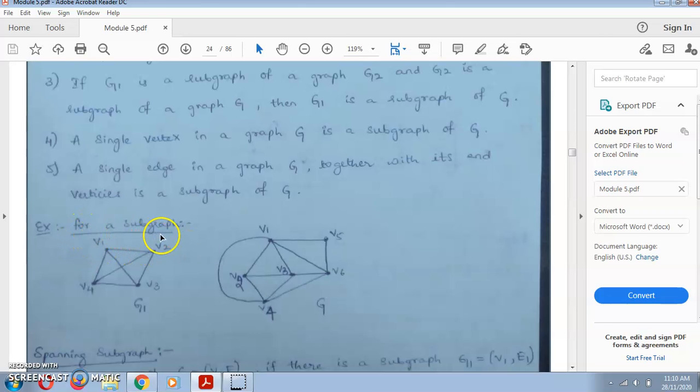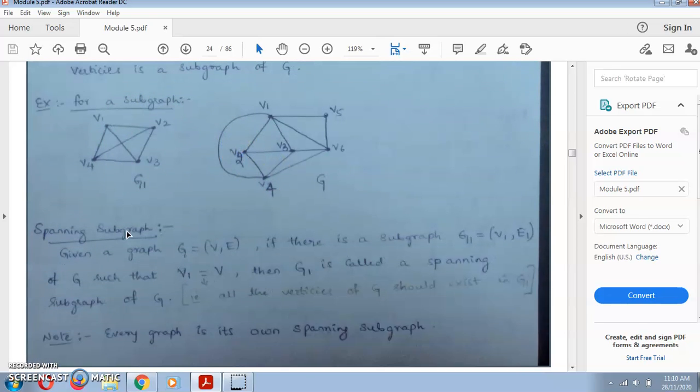So for a subgraph, here is a graph G1 and here is a graph G. This is the main graph and this is a subgraph, with vertices V1, V2, V3, V4.